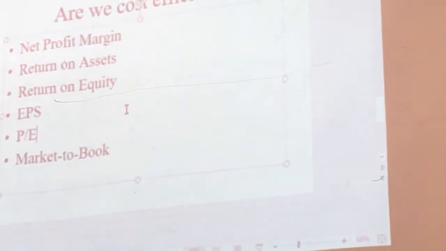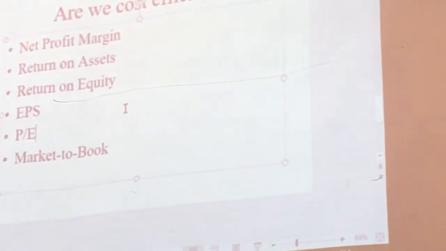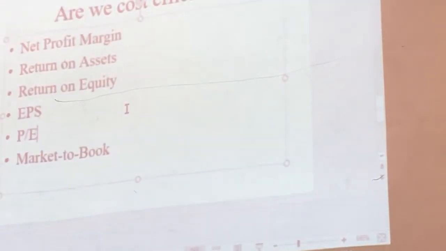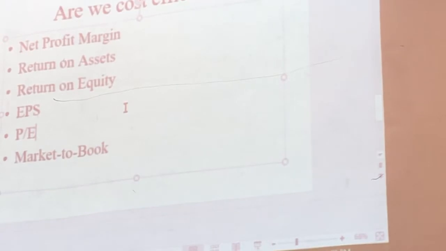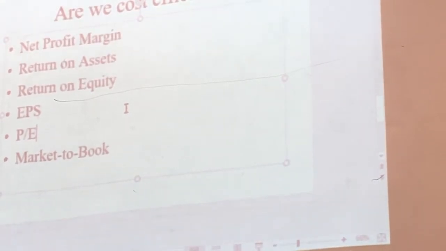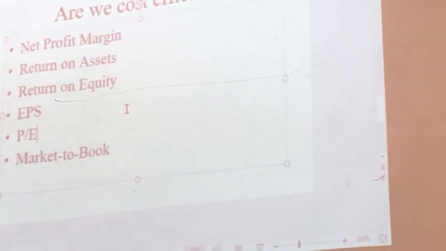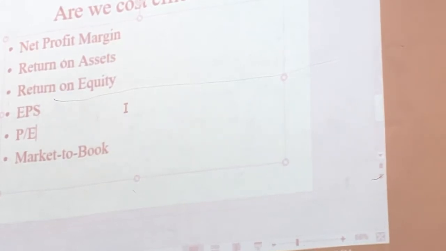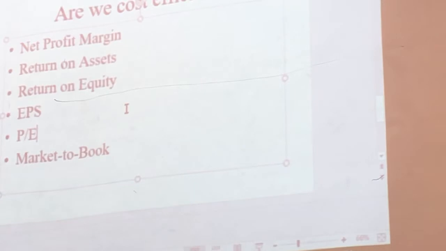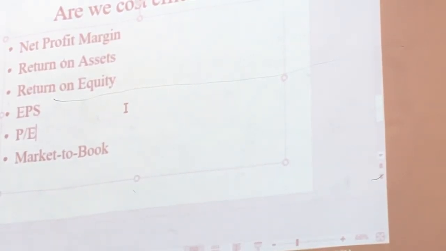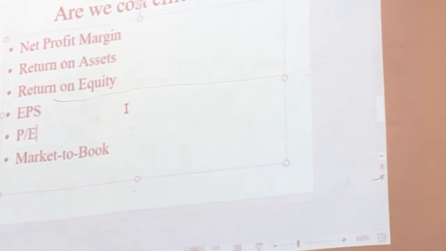So let's talk about the first approach, which is the PE approach. So once again, don't expect me to provide a formula because it's very simple. P stands for price, that's all you need to remember. There is no formula for price, either it's given or you look at the board and there you have those prices, right? And E stands for earnings per share. So it's just a ratio, so the name tells you how to compute this ratio.